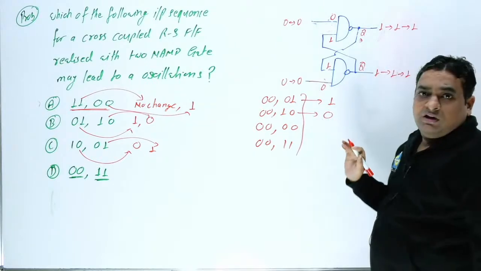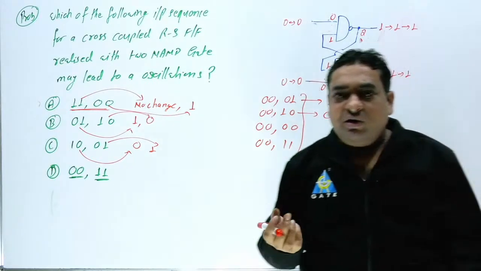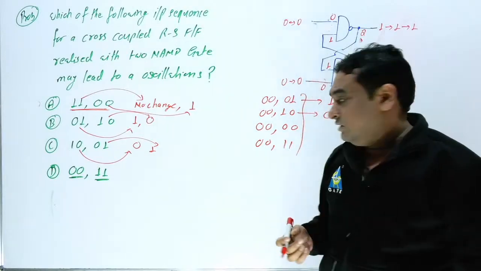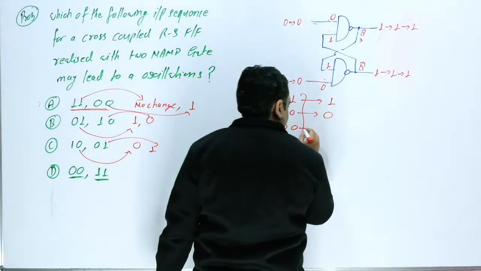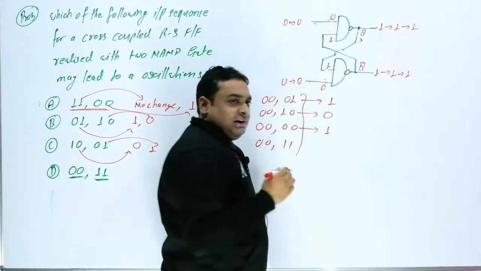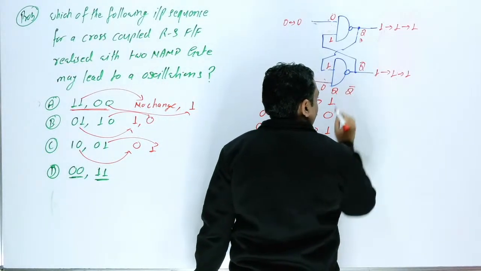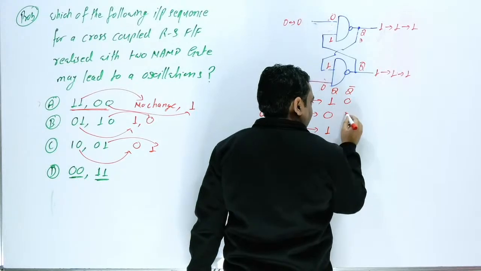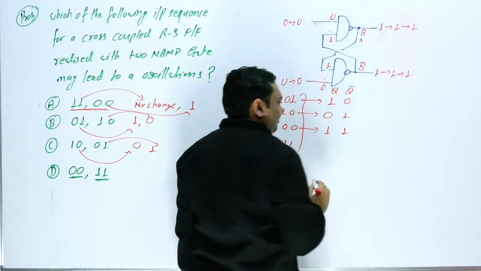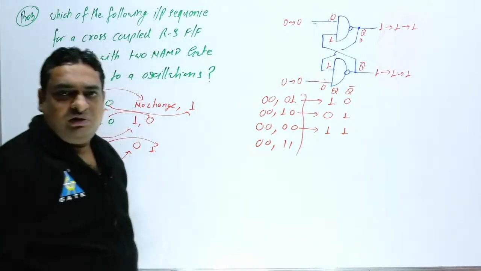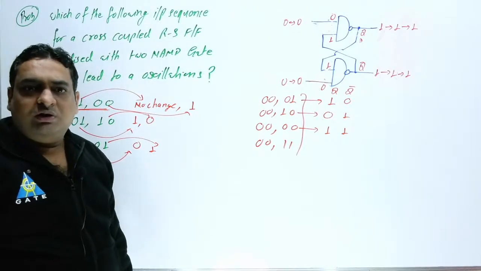Both are the same. You are getting an invalid output, but a constant fixed output, that is 1. So in this case Q and Q bar both are 1. If this is Q and this is Q bar, in a valid case if this is 1, this is 0, if this is 0, this is 1, but here you are getting the same output on both, but the output does not toggle.